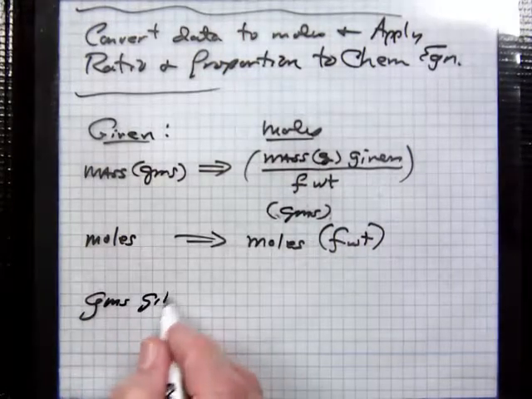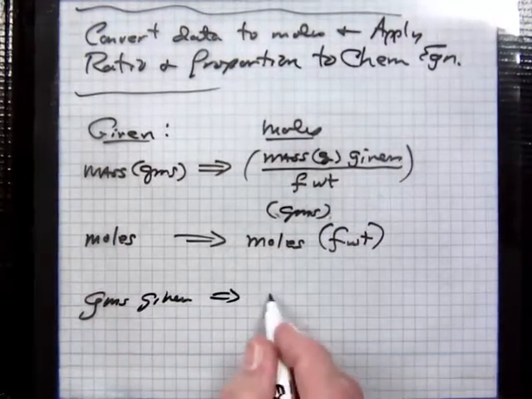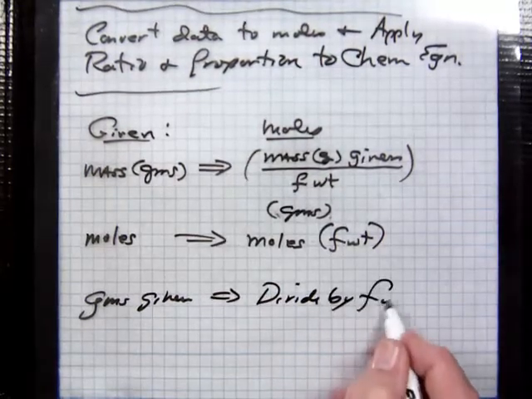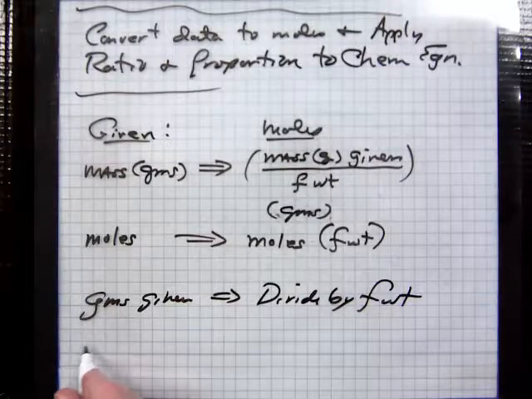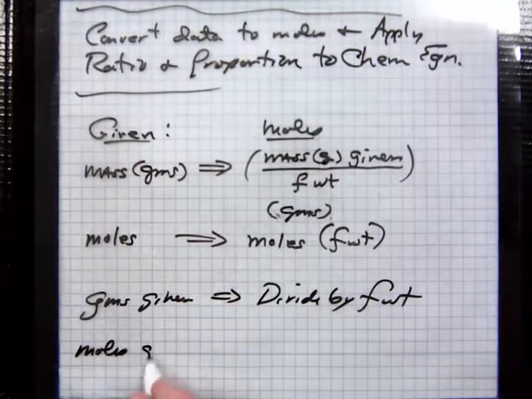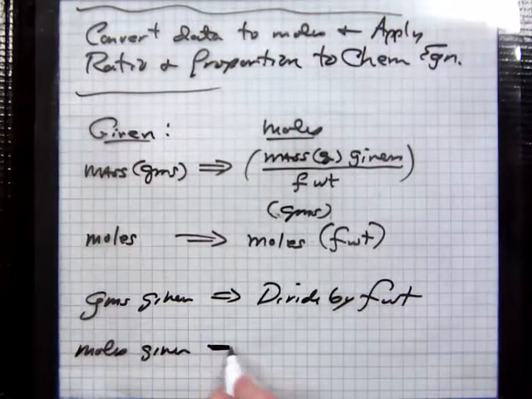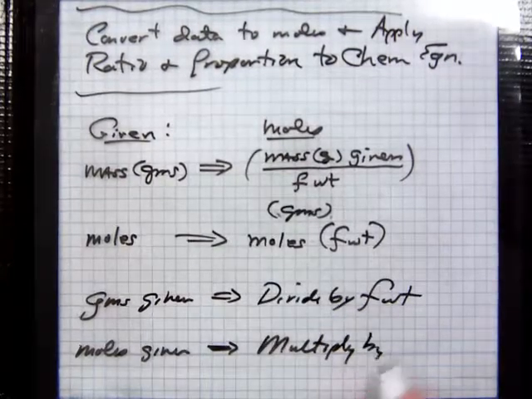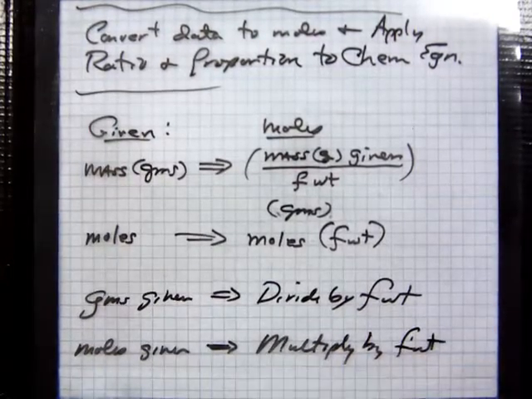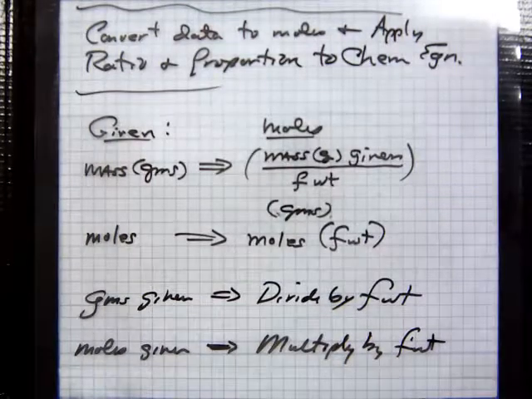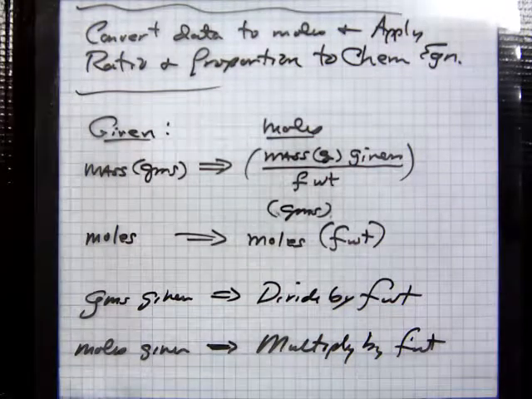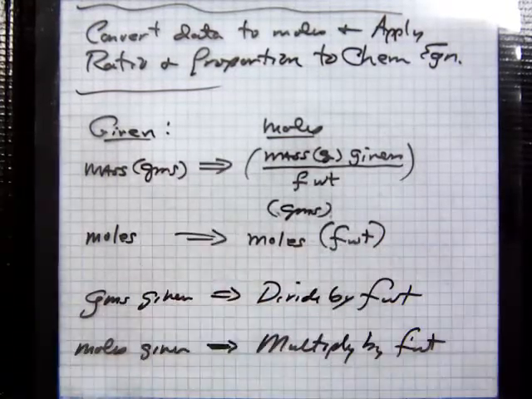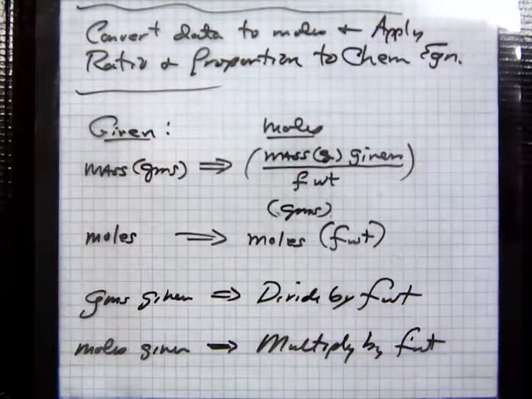Grams given, brain says divide by formula weight. Moles given, multiply by formula weight. You're either going to be going to grams from moles or moles to grams. One way to look at this issue of formula weights in math is like this. Listen.